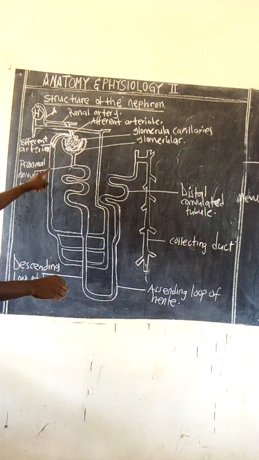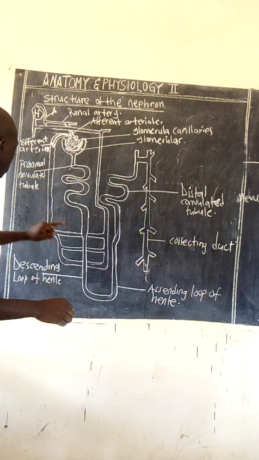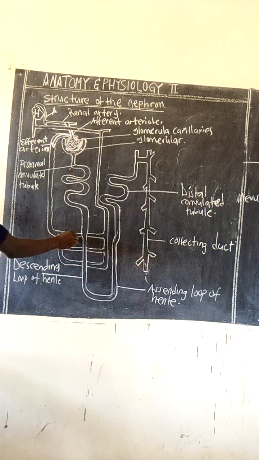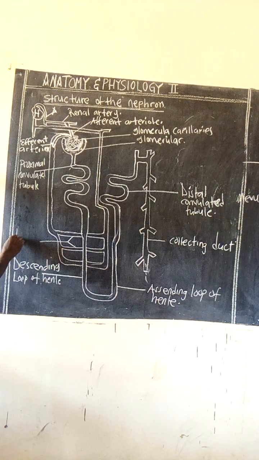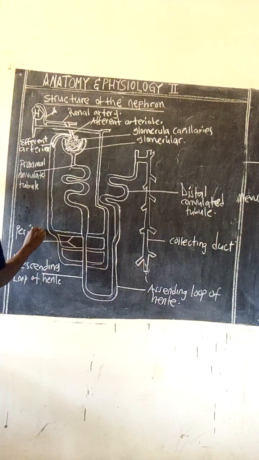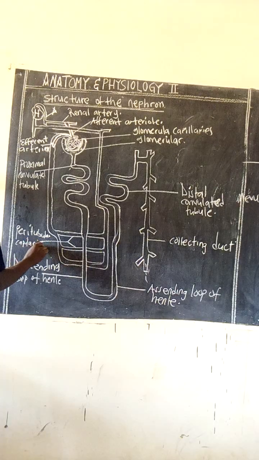So the efferent arteriole descends down from the capillaries, which we call the peritubular capillaries.